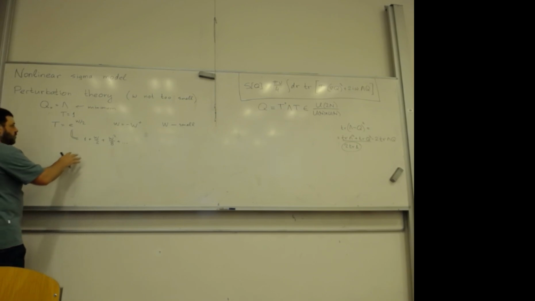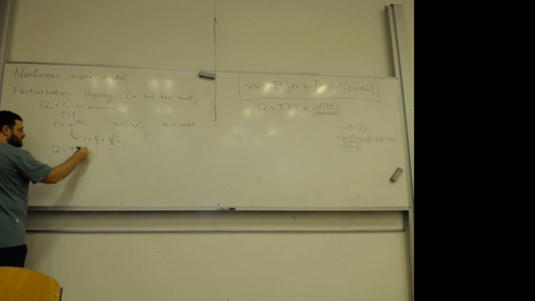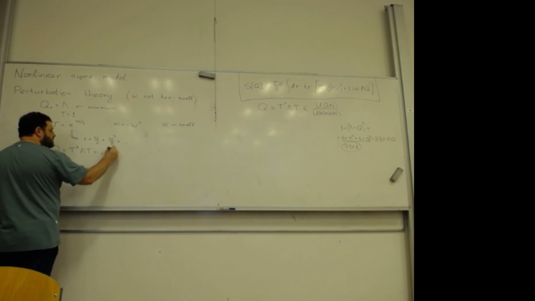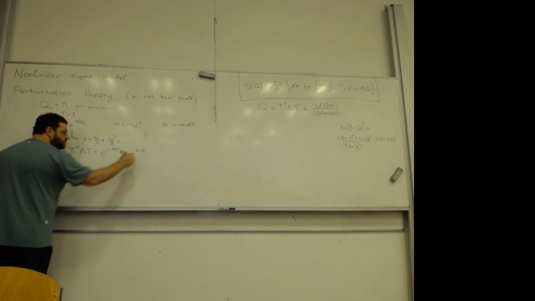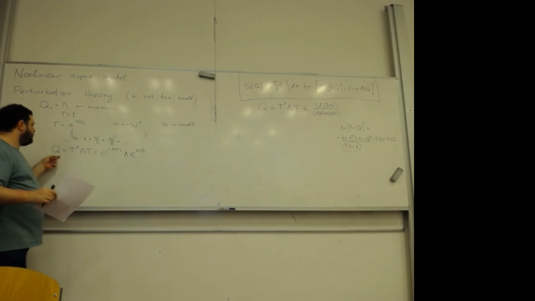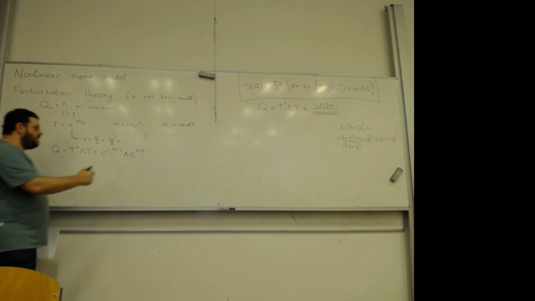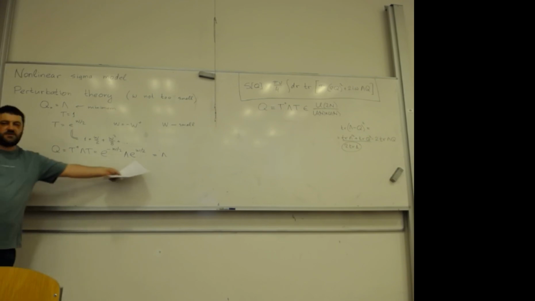And moreover, if I expand just to the linear order in W, I can now write the Q matrix. Q matrix is T dagger lambda T, which is exponent of minus W divided by 2, lambda, exponent of W divided by 2. I have just used the capital W difference minus W. And if I expand now the Q matrix in terms of W, the first term is lambda, both exponents are 1.